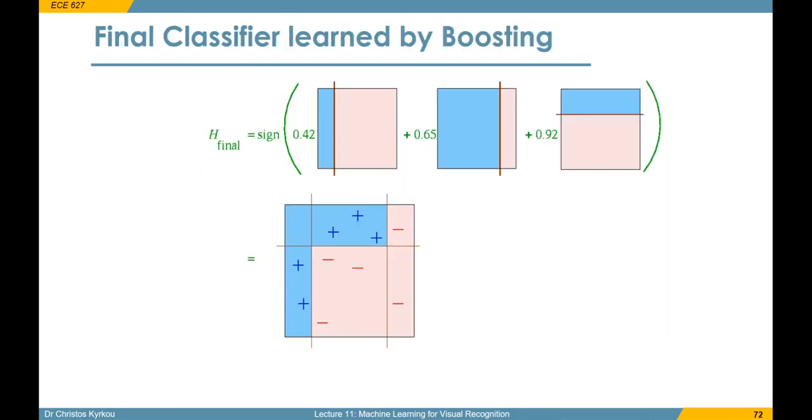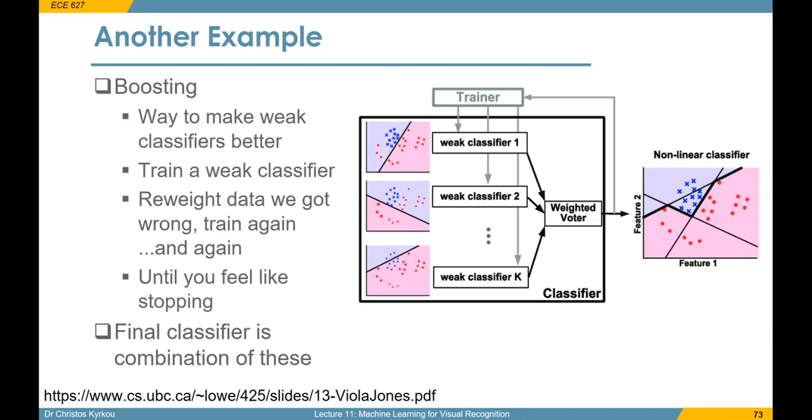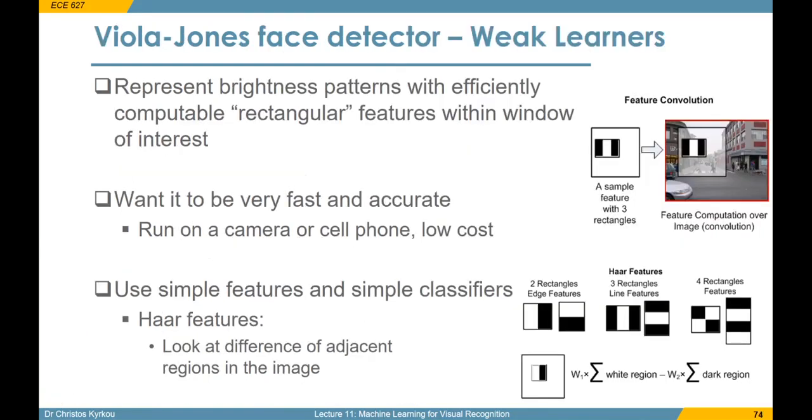And when we combine the three classifiers, we get a much higher accuracy and a much better separation of the classes by just having a linear combination of the weak learners. Okay, so this is another example just to see what the final decision boundary looks like. It's nothing like the individual weak learners here.